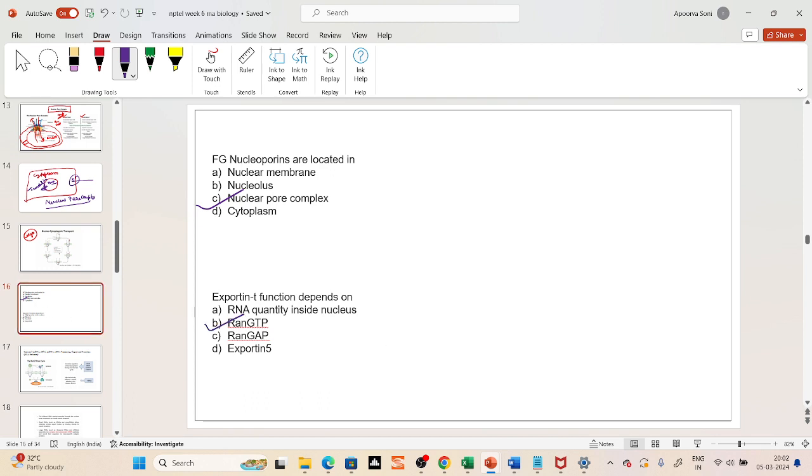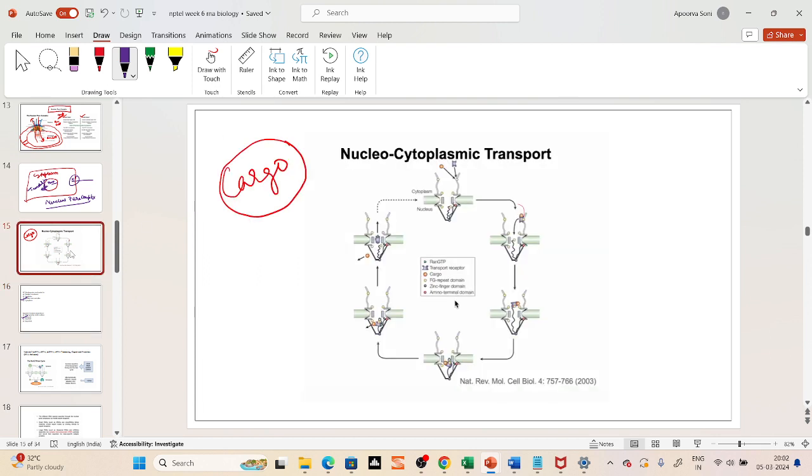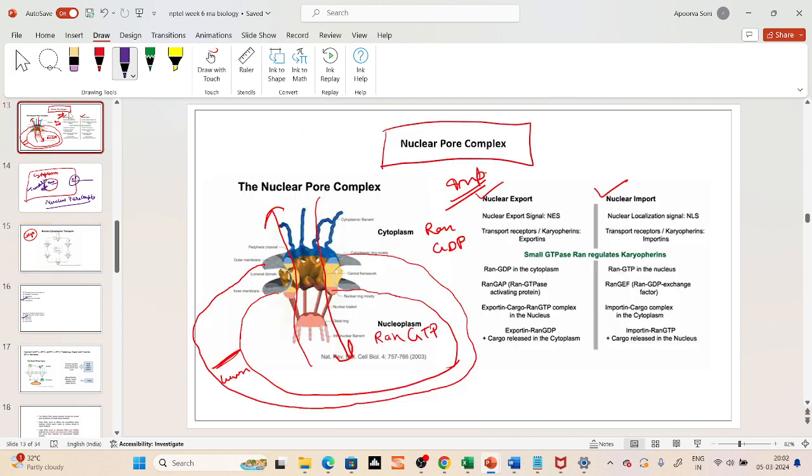So this table is very important. Afterwards, whatever we have to study depends on this table only. Just for 1 minute, go through this table.